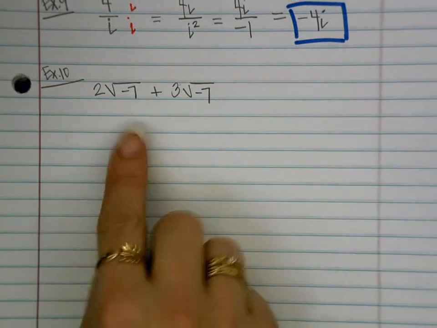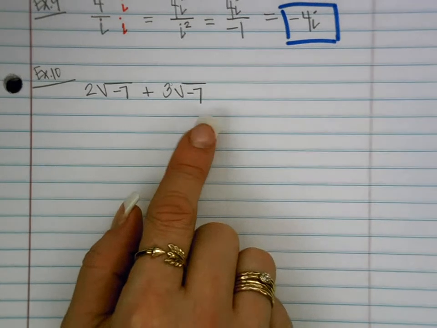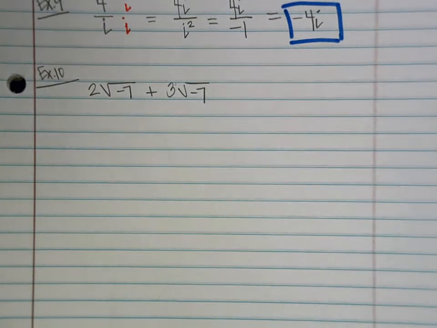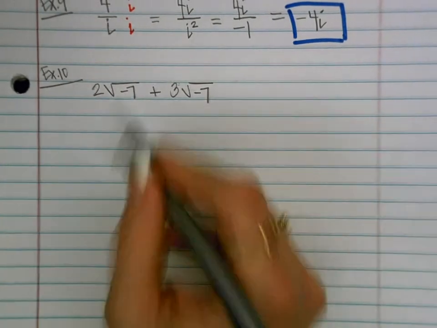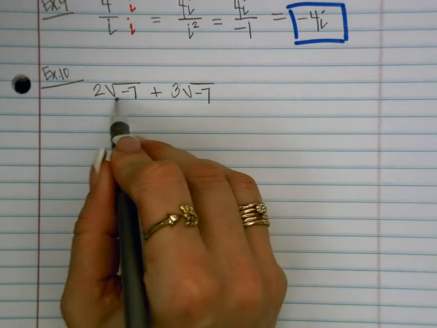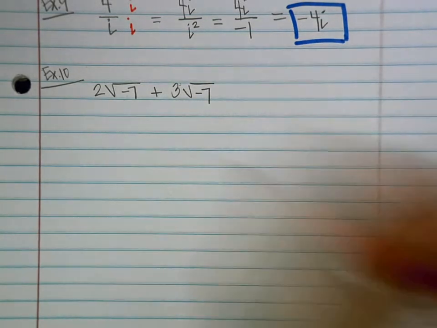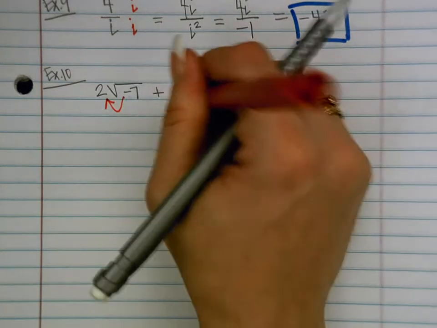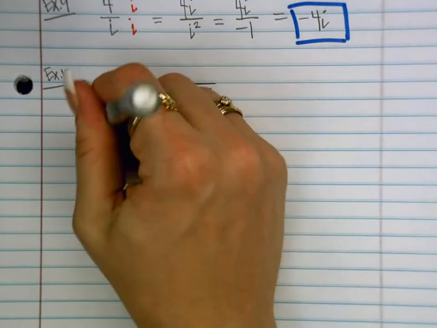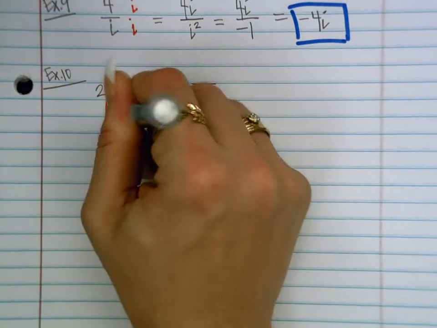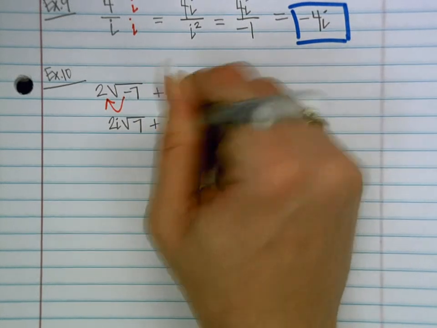For this one, before you add anything together, you do want to get rid of the negatives under the root. So here, 2 root negative 7, how would you rewrite that with i's? 2i root 7, right? So these negatives come out to become i's. So 2i root 7 plus 3i root 7.